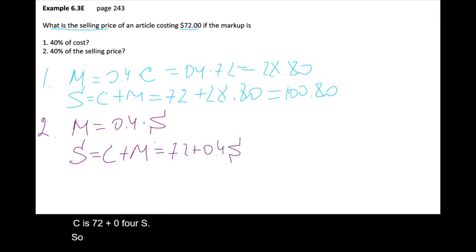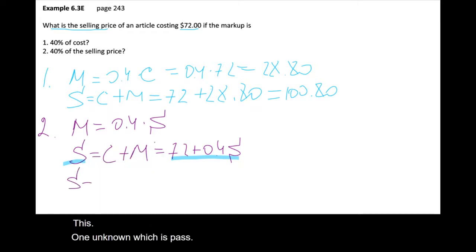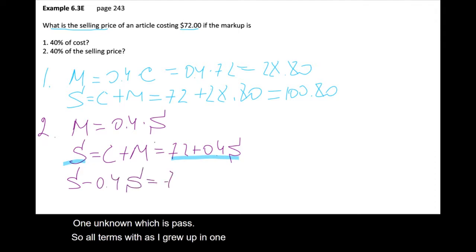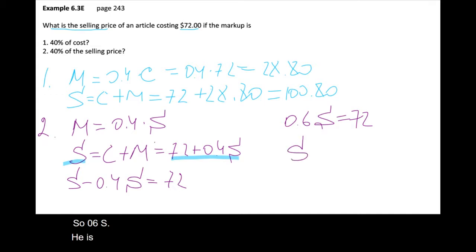So I have an equation with one unknown, which is S. All terms with S I group on one side, everything else on the other side. So 0.6S is 72, and S would be 120.